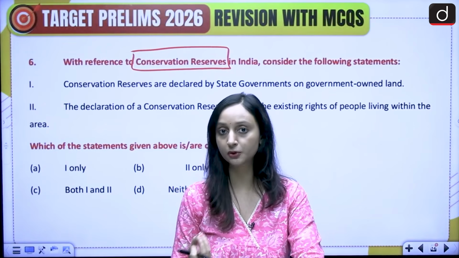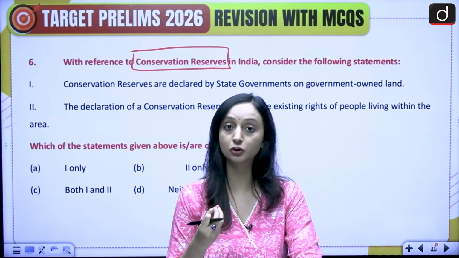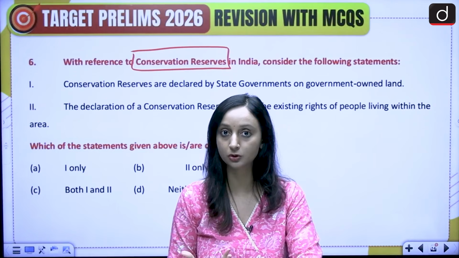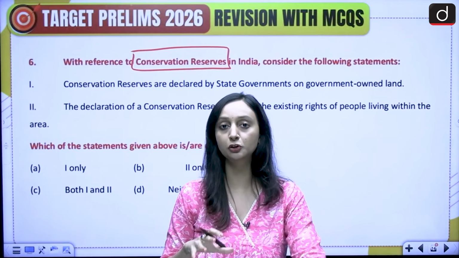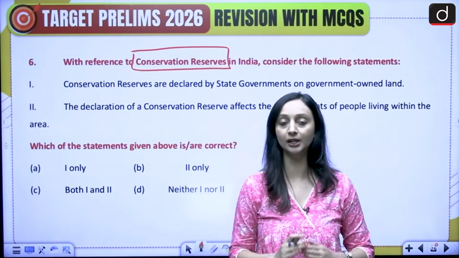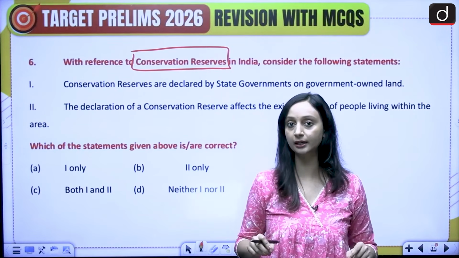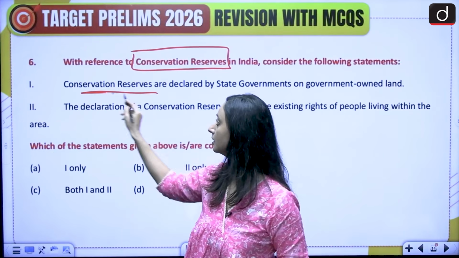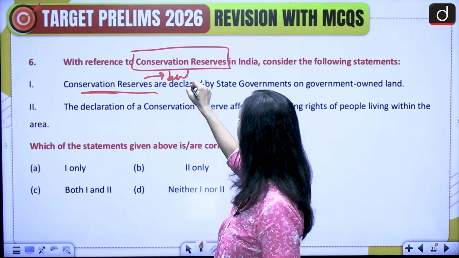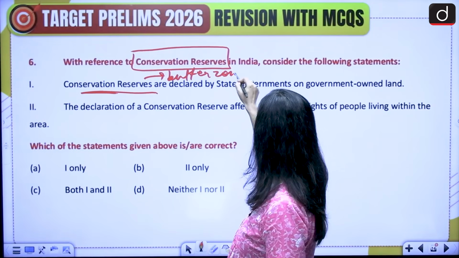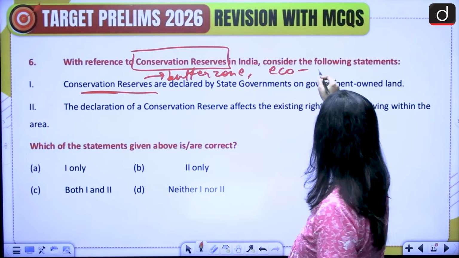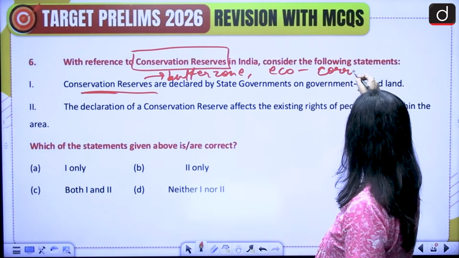They can be your buffer zones, or any ecological corridor, like any wildlife corridor also. So basically whatever is required to protect the entire landscape, the entire ecosystem around the protected area can be designated as a conservation reserve. So it can be your buffer zone or even your eco corridors.